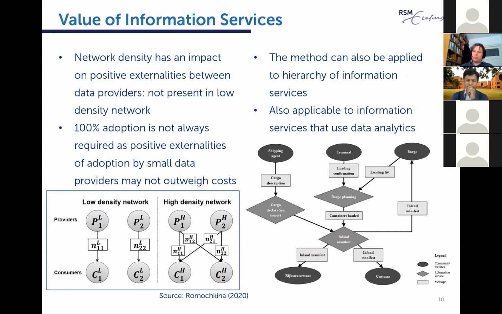If you find a way to compensate the terminal, not only for the use of the data in their immediate information service, but also for consecutive information services where the data is reused, you have a proposition to make and ask for the possibility to reuse. Now for customs, maybe that is clear, but in other cases, we do see that this is not trivial. This could help us to accommodate reuse of data by compensating the original producer of that data.